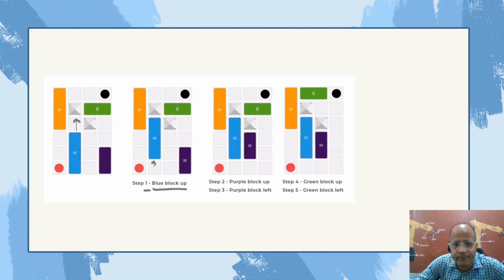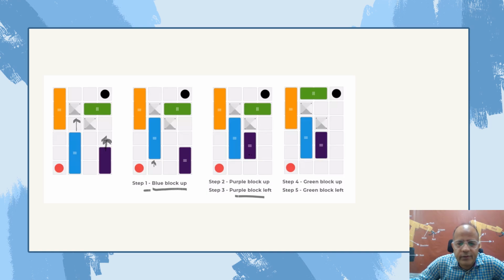Similarly, they have taken the purple block up and then the purple block left. That would make it look like coming over here. So now 3 steps.